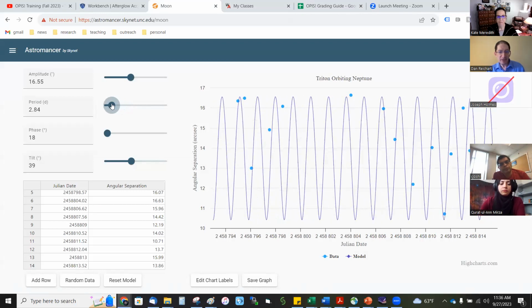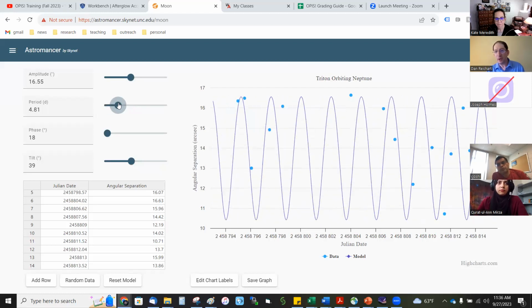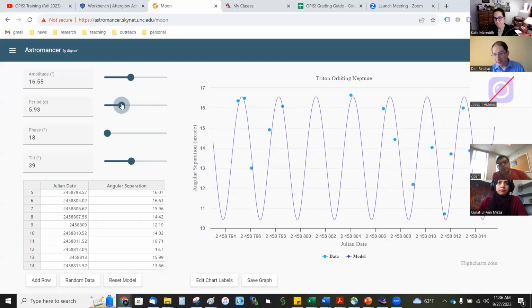If I go to half the period, you can also get a good fit, and a third the period and a quarter the period, right? So we encourage them to just look up their period on Wikipedia, make sure they're in the right ballpark, particularly if they only have a few points. Maybe they mismeasured one of them, that kind of thing. We tell them to double check their period, and that will help them get the other ones very well.